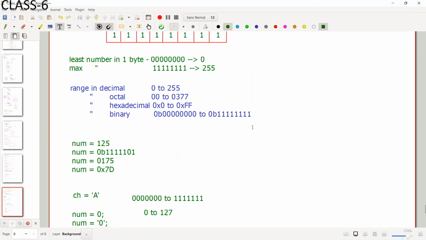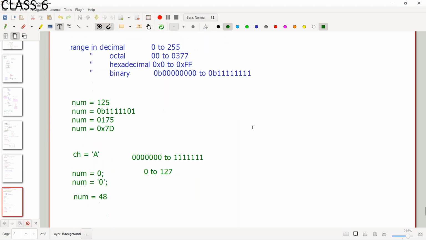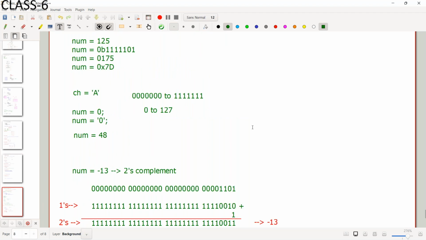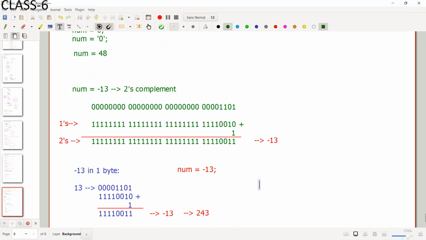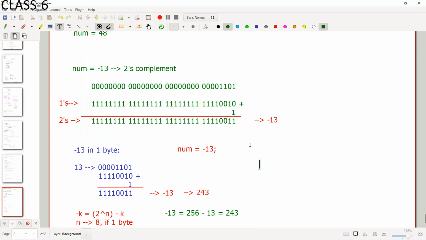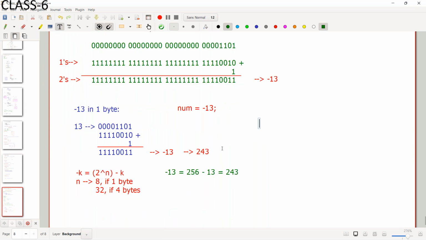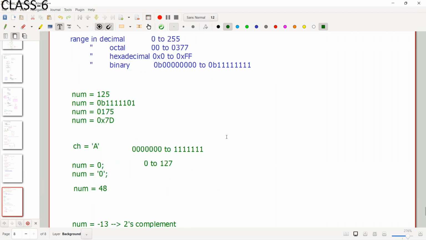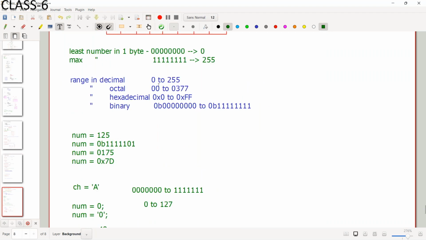Similarly, any integer value can be stored inside a maximum of 4 bytes. Again, that depends on the range, whether it can be stored inside 1 byte or not. 0 to 255 is what we can store inside 1 byte. 1 byte means there are 8 bits, so the maximum is 255.